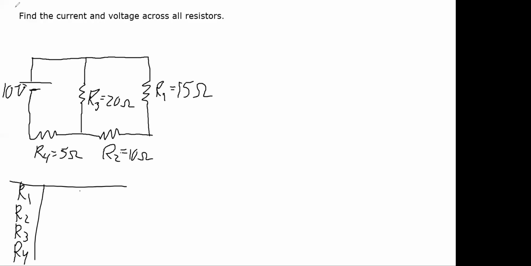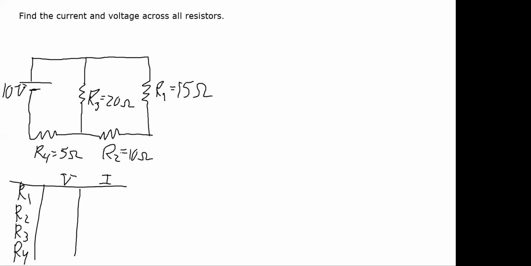Okay, and then we're going to find the voltage and the current for each one. I don't know why I'm writing so badly today. So I want to essentially fill up this table. For each R1, R2, R3, R4, I want to find the voltage and current.